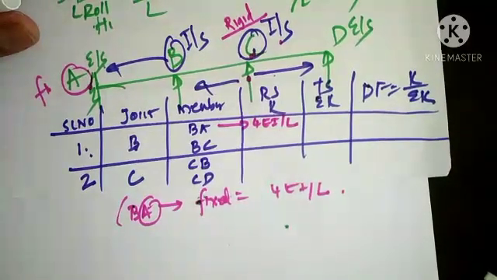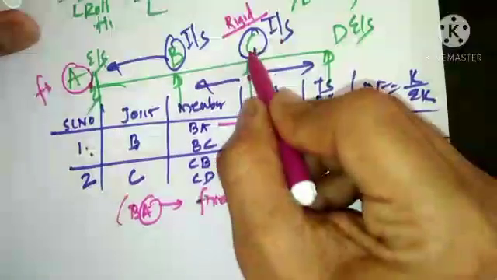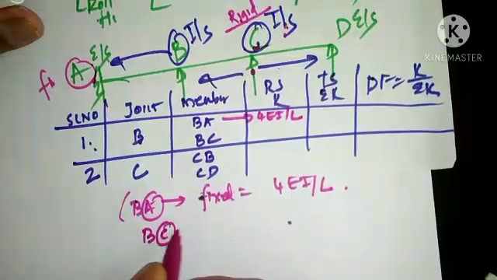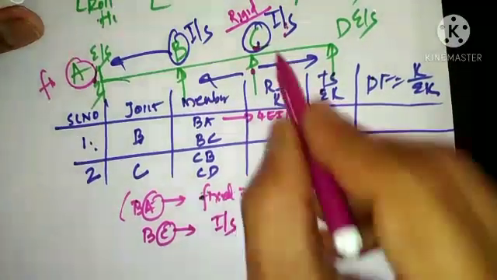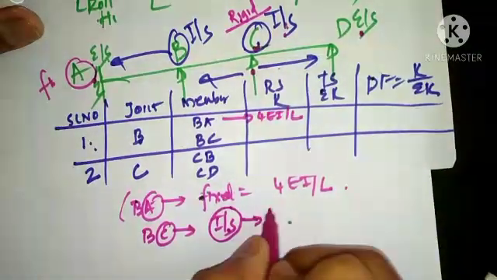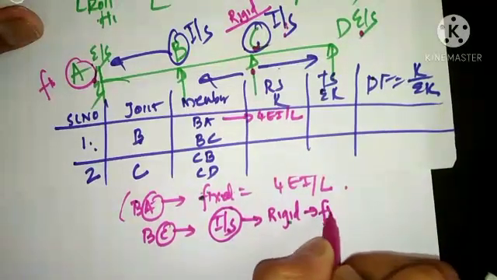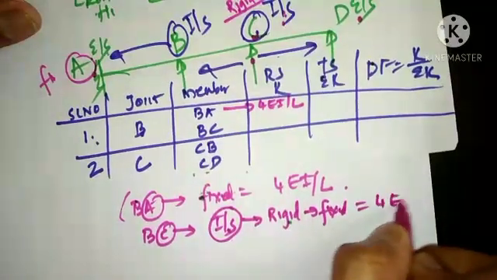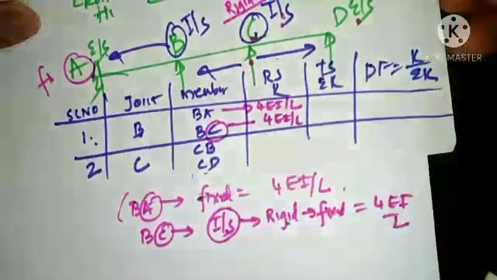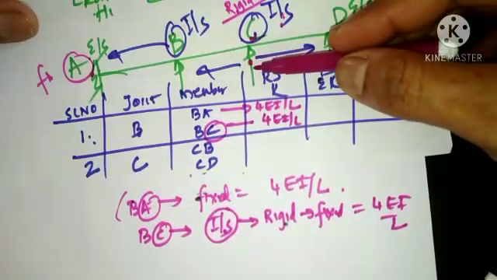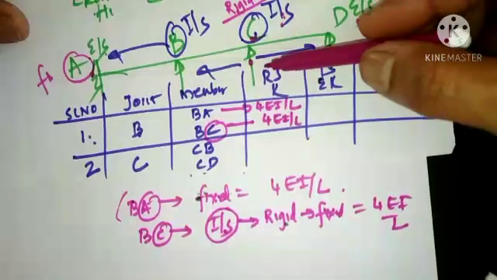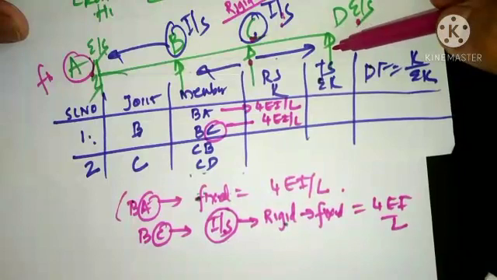Since C is an intermediate support, and intermediate supports are assumed rigid, meaning fixed, the formula for BC will be 4EI by L. Don't go straight by looking at a simply supported condition and adopt 3EI by L. You use 3EI by L only when it is an end support.